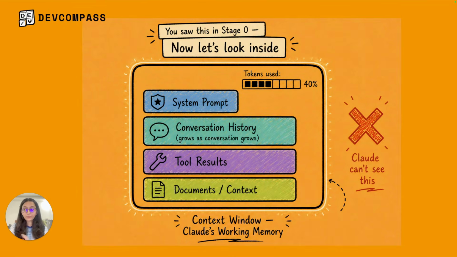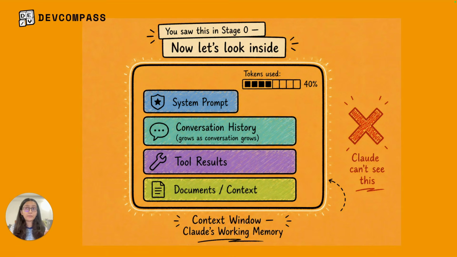Okay, so you have seen this in stage 0, same diagram, the whole context window being a box, same outer box, same 4 inner blocks. And I really want you to recall it quickly and then notice that one thing we have added new here. So the 4 blocks, system prompt, conversation history, tool results, documents, context, everything is the same.